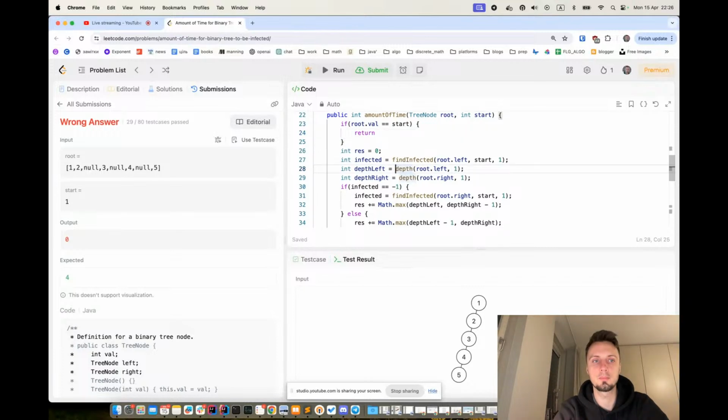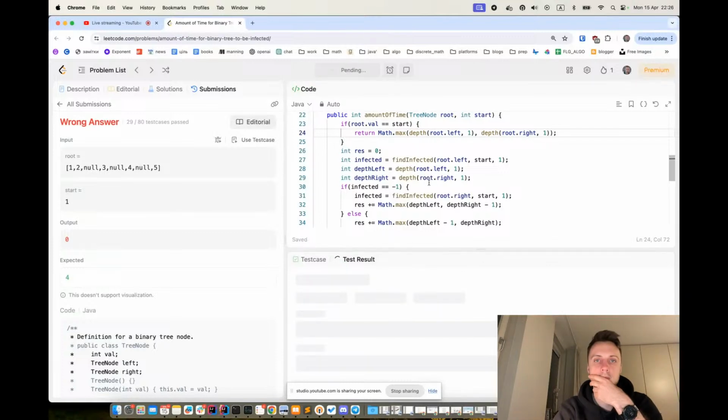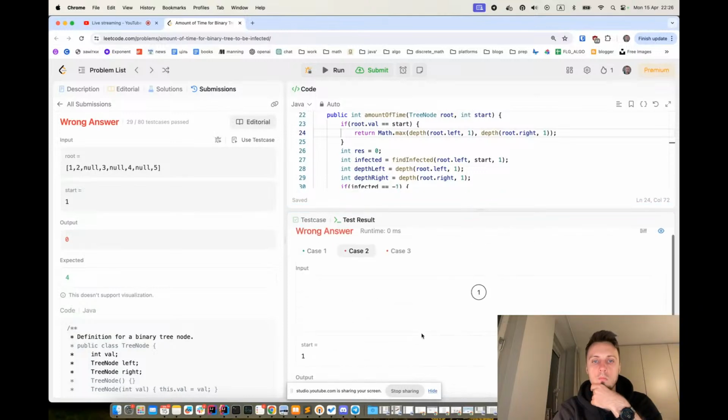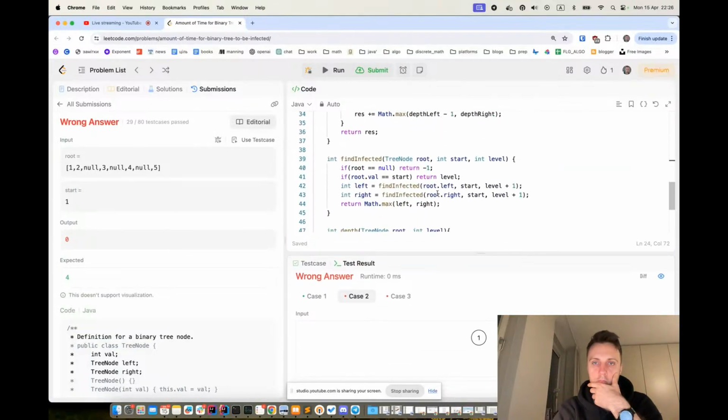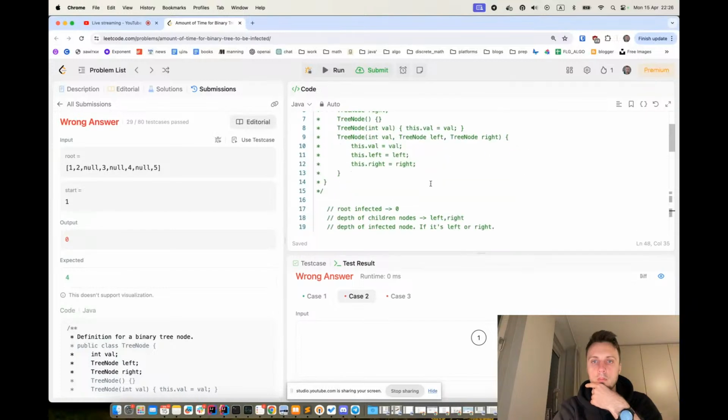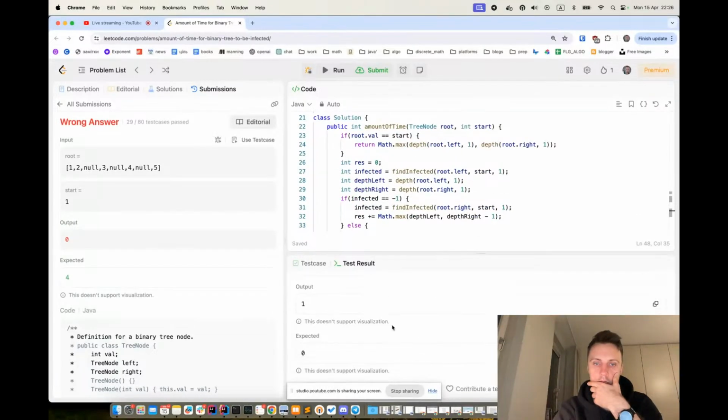We are looking for depths of both left and right, and we take the maximum of these two. Depth level, output here, expected -1.